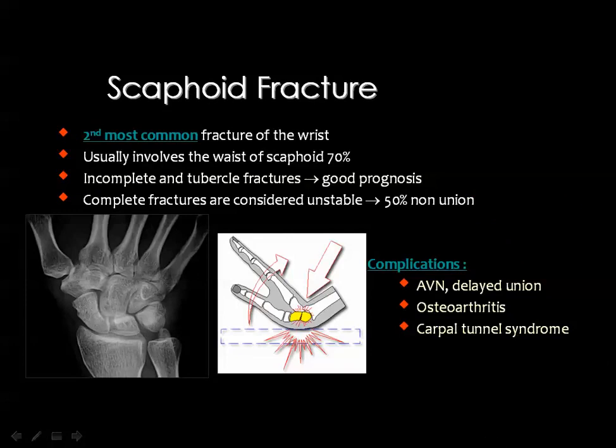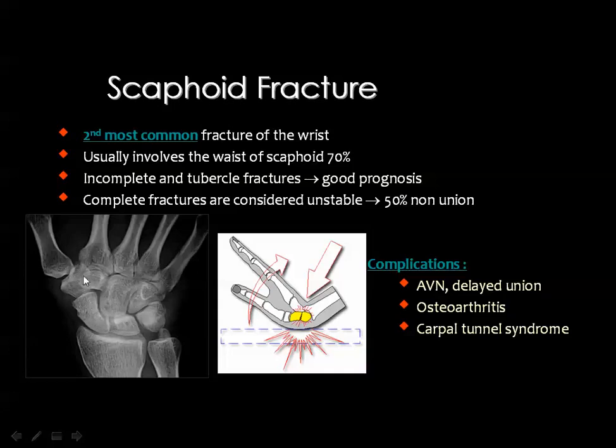Fractures of the scaphoid are considered the second most common fracture of the wrist after Colles fracture. The common injury is a fall on the outstretched hand, and this will result in fracture most commonly at the waist of the scaphoid bone.